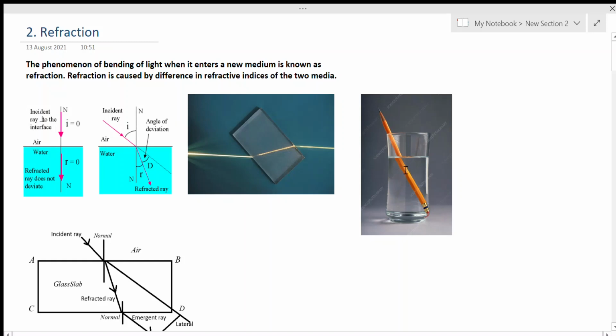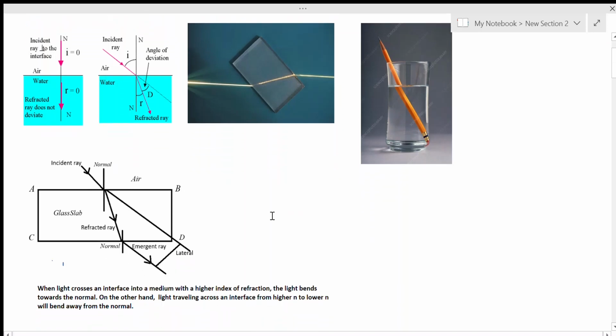Light refraction is caused by the difference in the refractive index of the media. Now you see in this figure, when the ray of light is incident at an angle of 0, then the ray is straight, it passes straight to the next medium. There is no refraction happening there, it's not deviating. But in the second part of the figure, you can see that the incident ray is oblique.